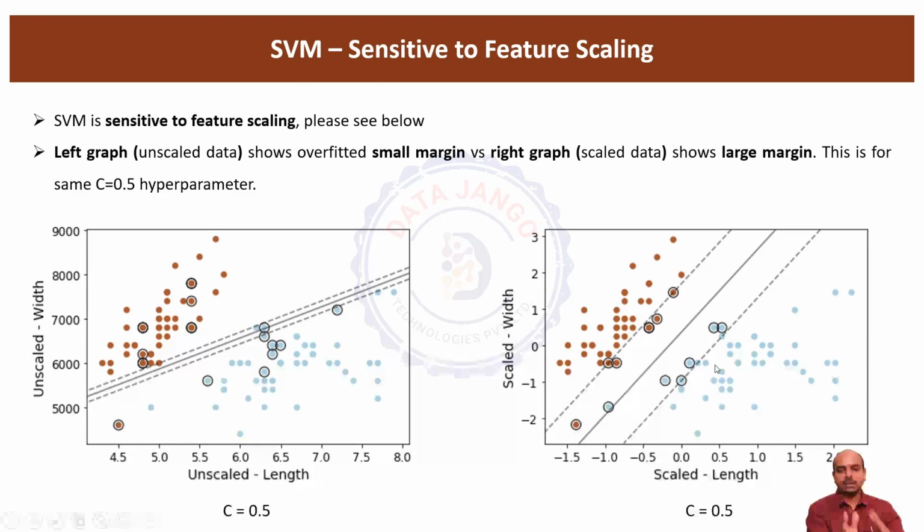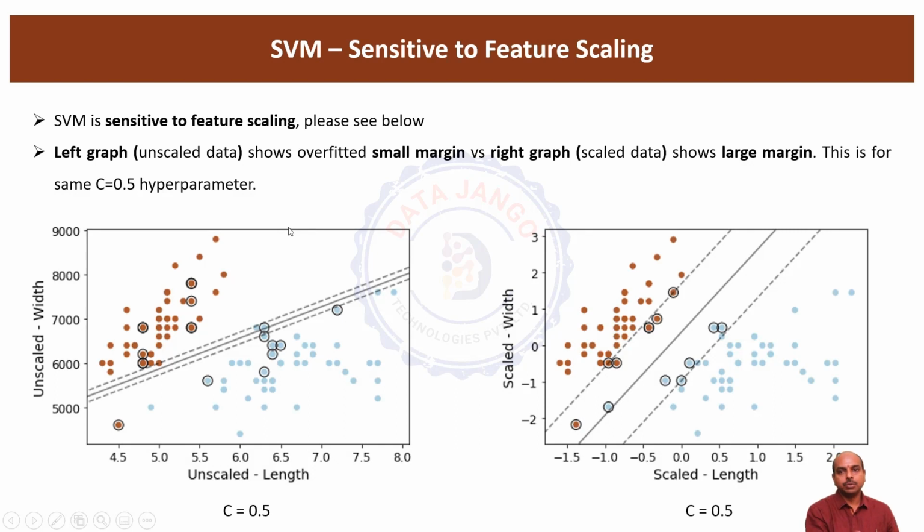Then you see the decision boundary is so clear. The left graph, unscaled data, shows an overfitted small margin versus the right graph, scaled data, which shows a large margin. This is for the same hyperparameter C equal to 0.5.